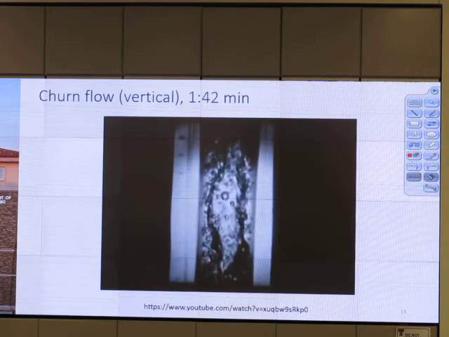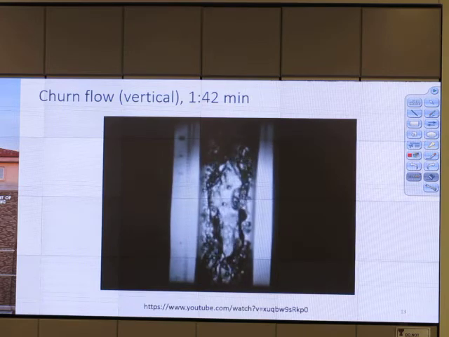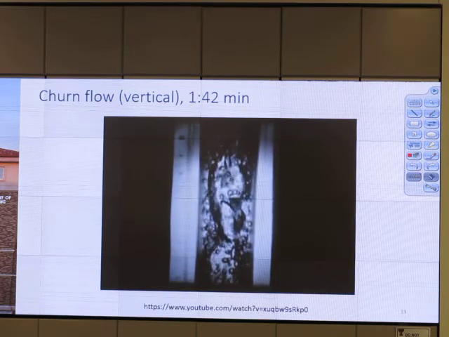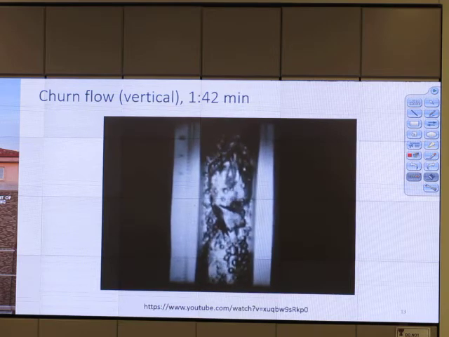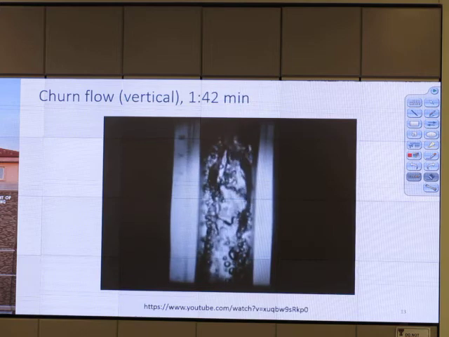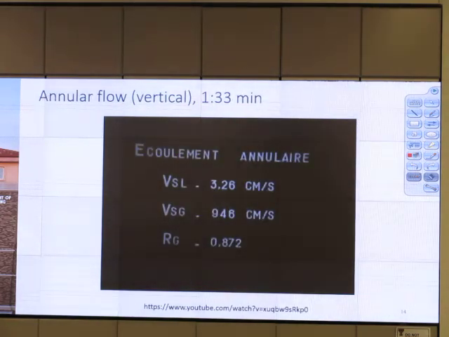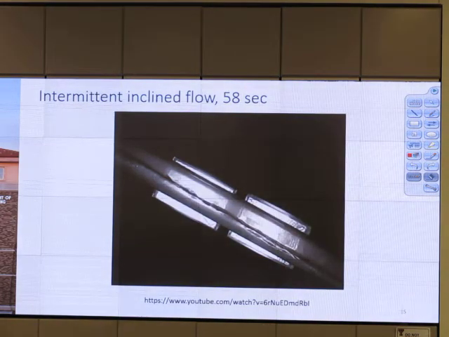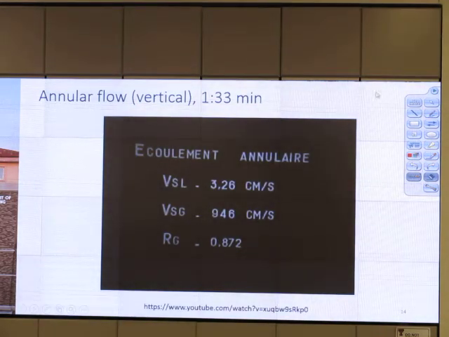Yes. When it's falling down, is this an example of when the superficial velocity can be greater than the actual velocity? Yes. Let's take a look at... okay, this one will be a better example. Let's take a look at annular vertical flow first.